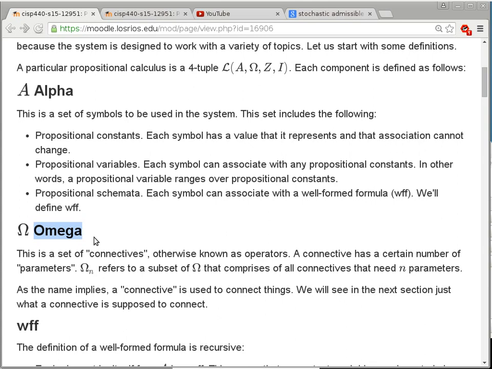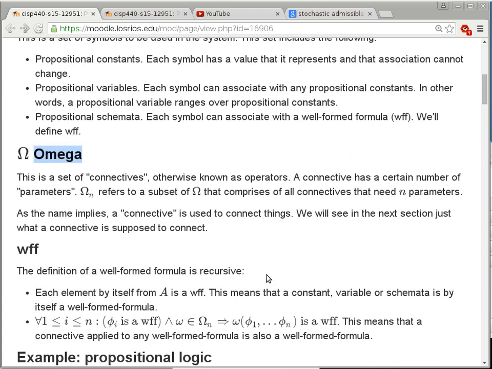But when you look at well-formed formulae, it is a really big set. The reason why this is a really big set is the way it is defined. Each element from the set A, which is the alpha set, is by itself a well-formed formula. That's the ground base, or the base of how we build things. So this means a constant, a variable, or a schemata is by itself a well-formed formula. This part is not hard.